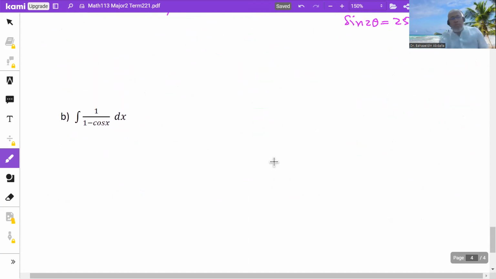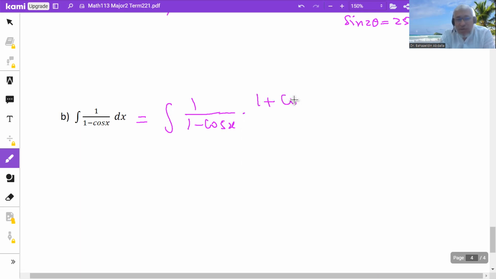The last part is this integral. Not much information here. 1 minus cosine in the denominator. I really don't have any formula or any method to deal with this integral. So we studied in 7.5 that maybe multiplying by the conjugate will solve the problem. So let us try.